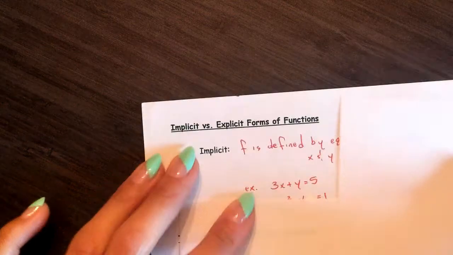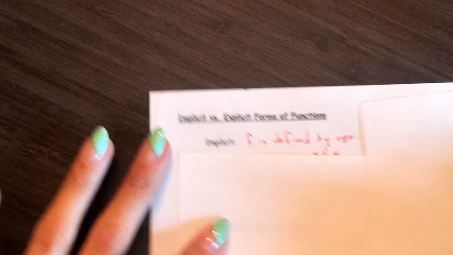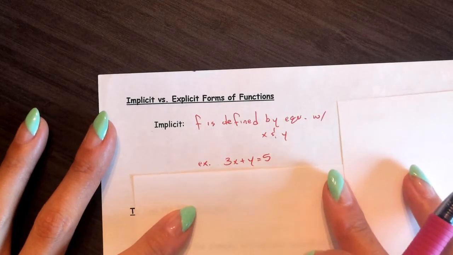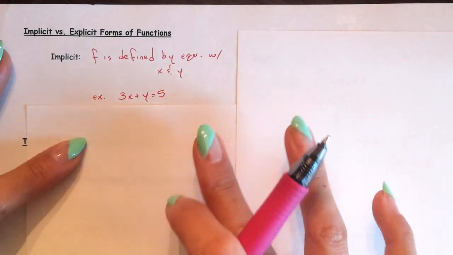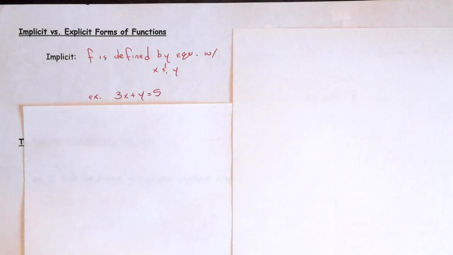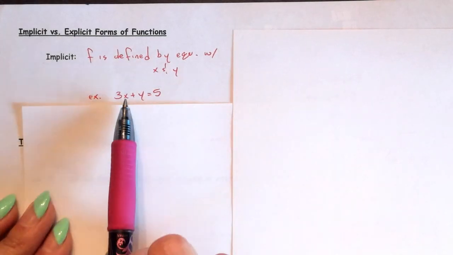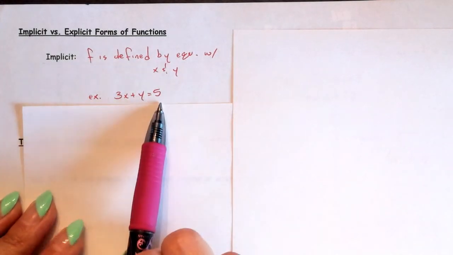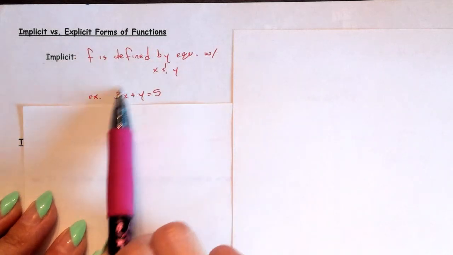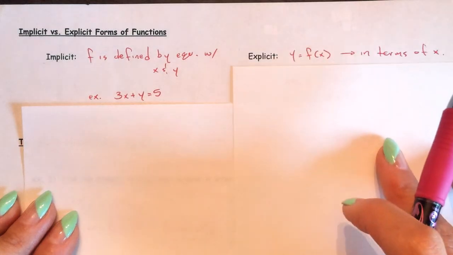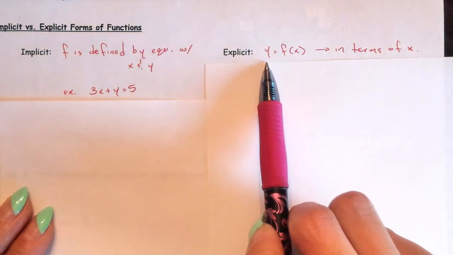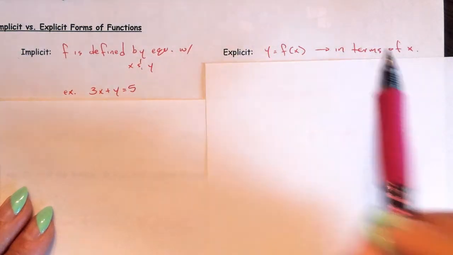Okay, implicit versus explicit functions. So what is implicit? Implicit would be your f is defined by an equation with x and y. So you can see x and y are both on one side. All right, explicit. That means it's y equals. Everything's in terms of x.